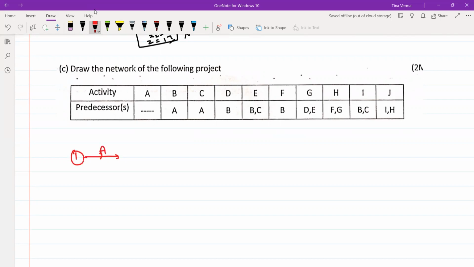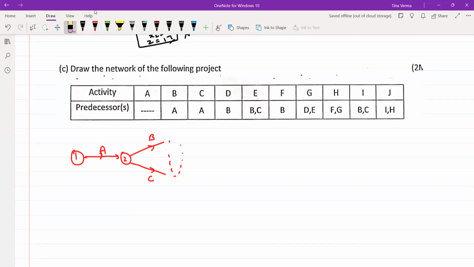This is the first. For starting the activities B and C, I require my A activity. This can be my activity B and this can be activity C. And to start the activity E, I require B and C. So you can notice over here, you cannot end it like this.